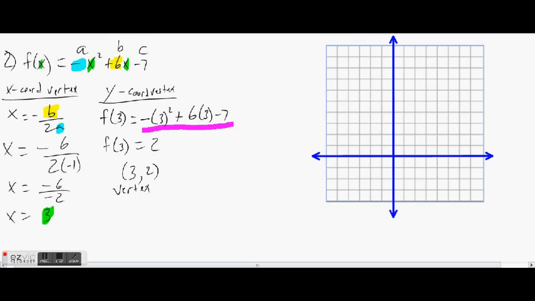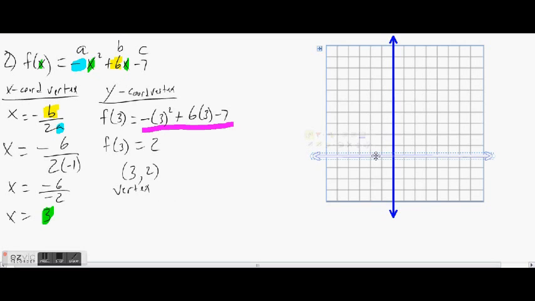Now, this graph is opening down. This graph is opening down. So 3, 2 is going to be my top number, and 3, 2 is going to be over here in this first quadrant somewhere. Okay? So I think I'm good with the y-axis.